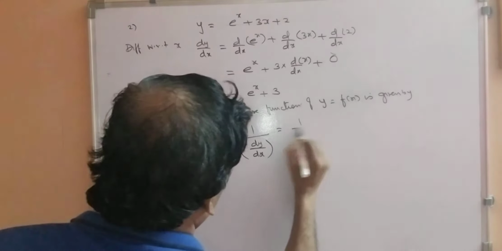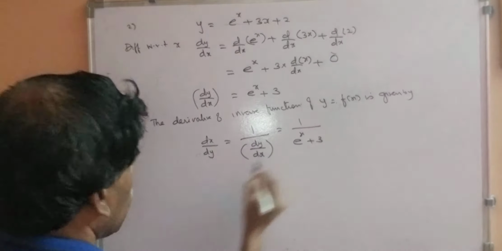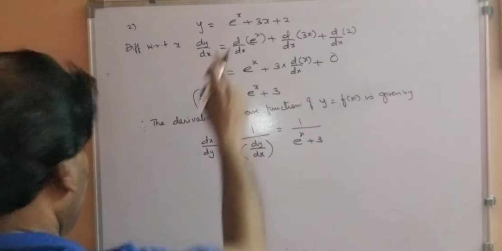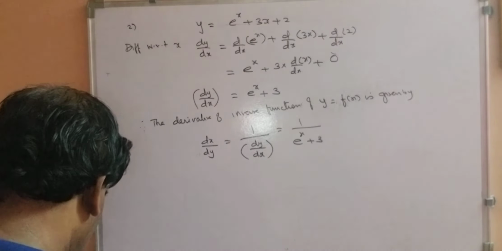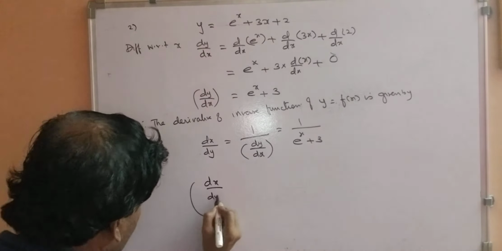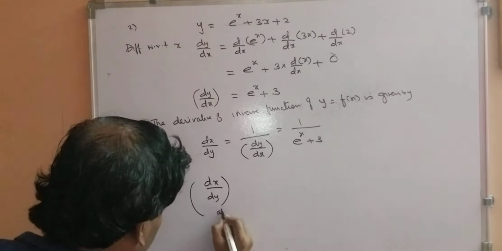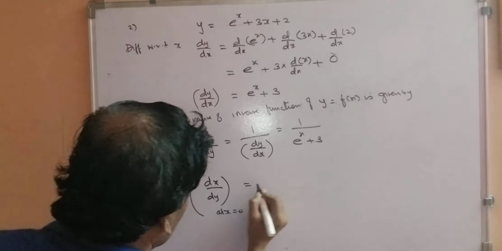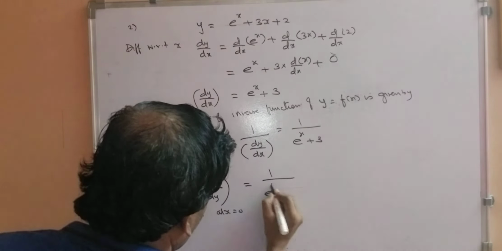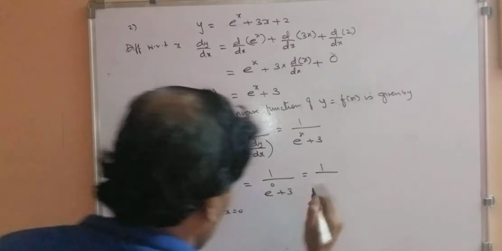So it is equal to 1 upon e raised to x plus 3. Now what we want? We want the value at x equal to 0. dx by dy at x equal to 0 equal to 1 upon e to the power 0 plus 3. What is e raised to 0? 1.